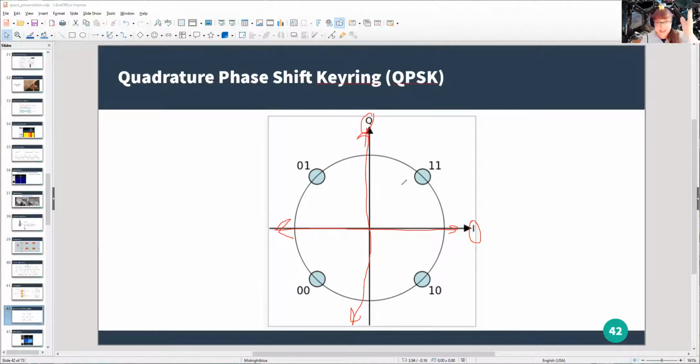So if you read, for example, at the first, and I and Q is in the upper right quadrant, you have a 1 and a 1. If you read and you have I and Q in the lower right quadrant, it's a 1 and a 0. And you can encode 2 bits at a time.